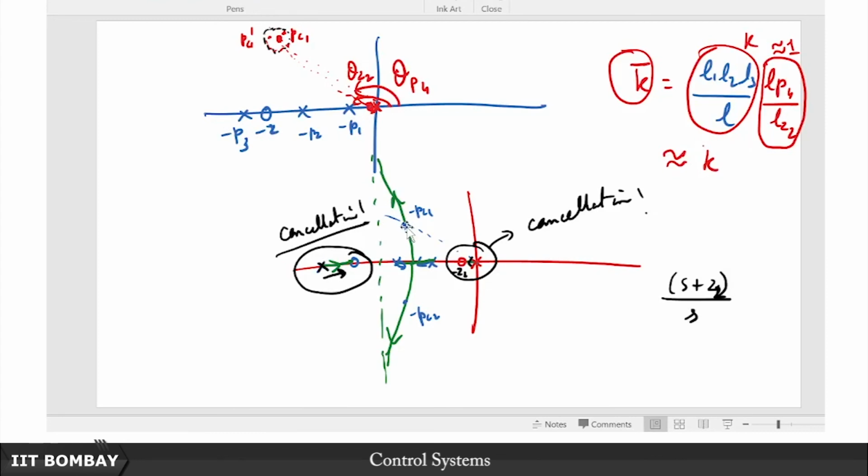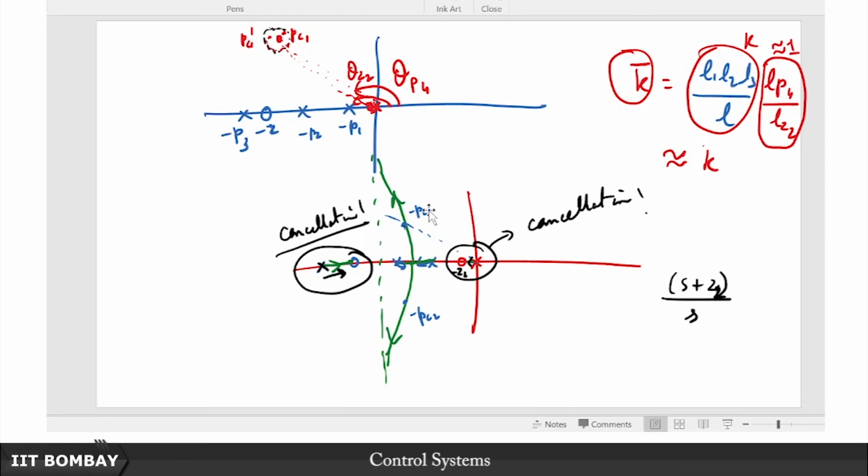Maybe we have to rethink. So if this is our minimum zeta, maybe we try to relax this a bit. Maybe we want to allow a larger percentage overshoot. Maybe we want to allow a larger settling time value, that is a slower system. Who knows? So that is why we have to be very careful about this. No design using root locus is ever complete without a validation using proper simulations.